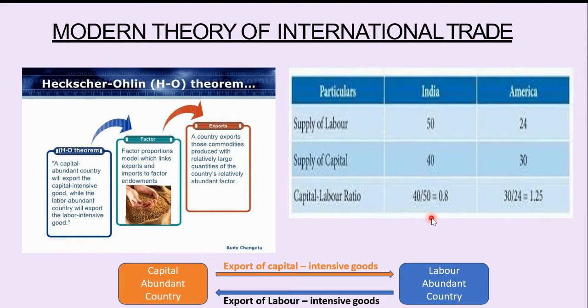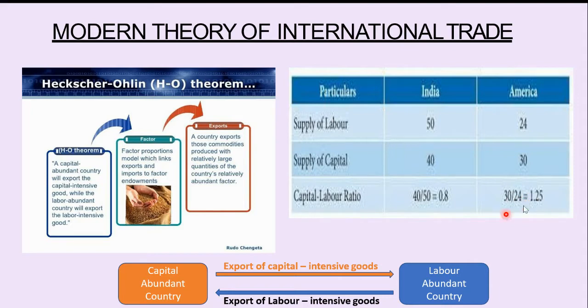So in the above example, even though India has more capital in absolute terms, by looking at the tabular column, you can say that India has got more capital. America is more richly endowed with capital because the ratio in India is 0.8, which is less than that in America where it is 1.25. Able to understand?